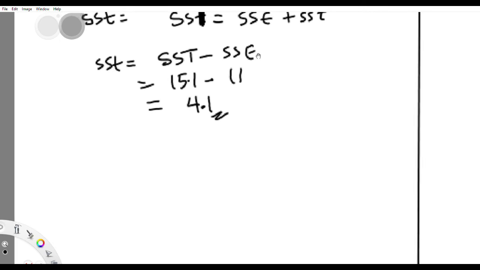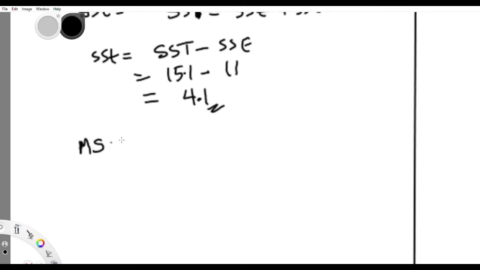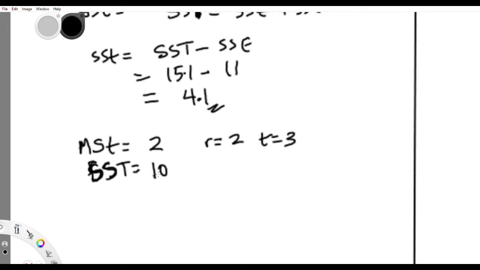You also get questions like, if the mean square treatment is 2, replication is 2 and treatment is 3, and the sum of square total is, take for example, 20. Find the sum of square error.